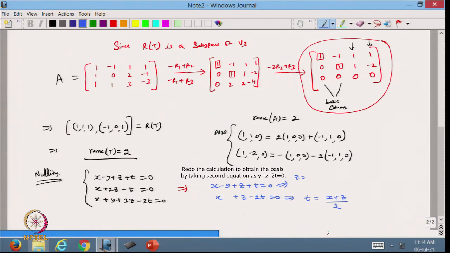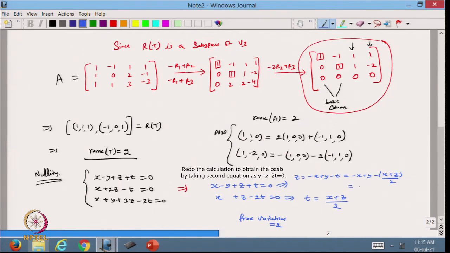So, free variables is 2. So, that z I can write as minus x plus y minus t. So, this is minus x plus y minus t, which is x minus z by 2, or maybe I can write here plus. So, this is my t.